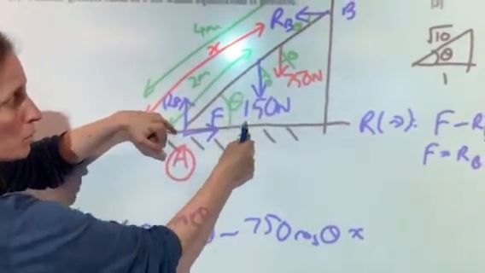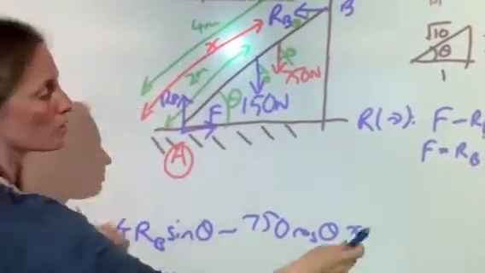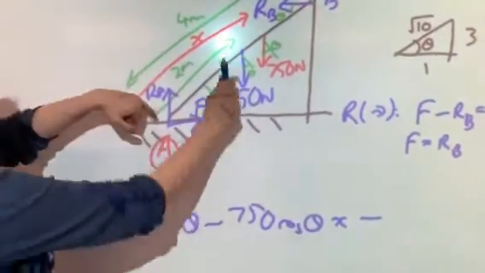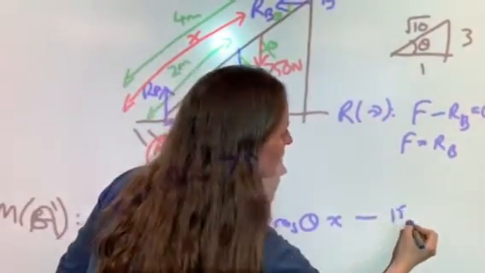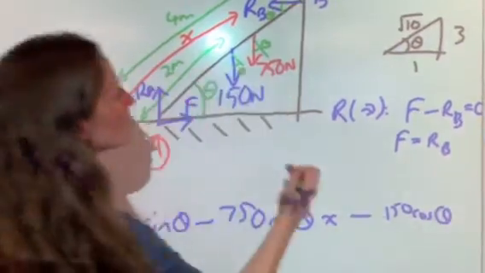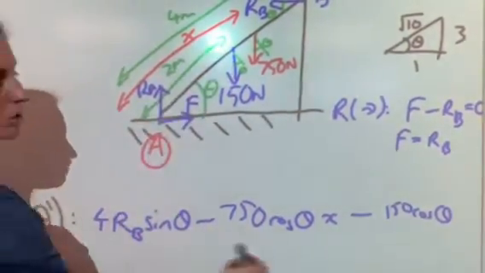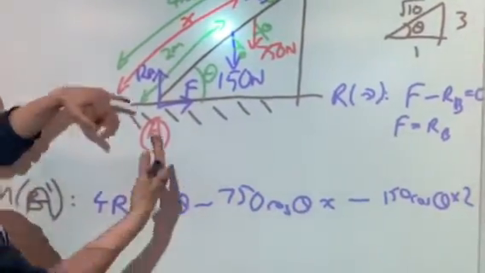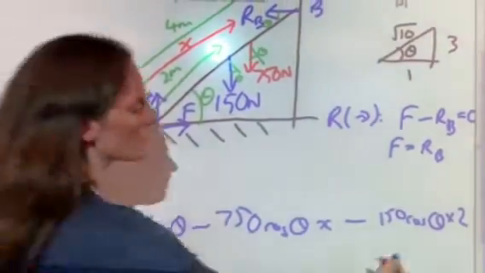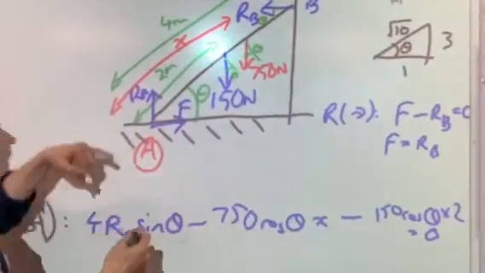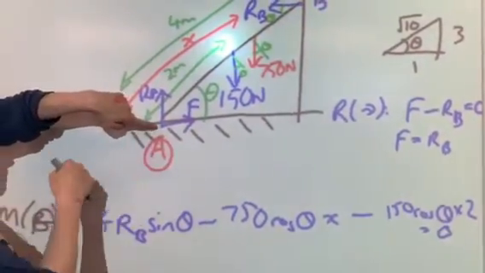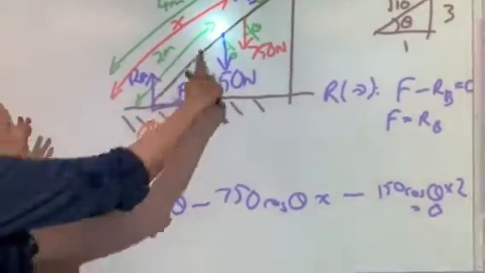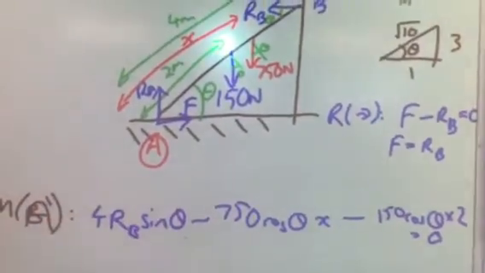If we pull on this one, we're going to go clockwise. So we're doing negative 150 cos theta, and we need to times by 2. If it's in equilibrium, all of those moments will add up to 0, because we don't need to include these, as the distance is 0. We've done our other 3 forces. Isn't that pretty?